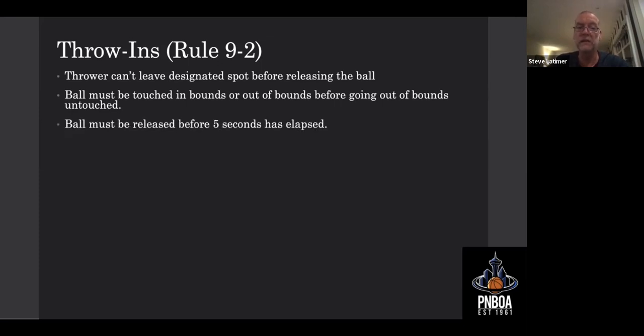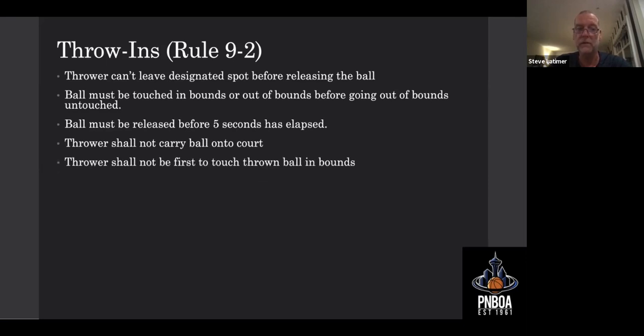The ball must be released before 5 seconds has elapsed. So not touched in the front court or touched on the court in 5 seconds, but just released in 5 seconds. And the thrower can't carry the ball onto the court, right? Thrower cannot carry. Needs to pass the ball onto the court.